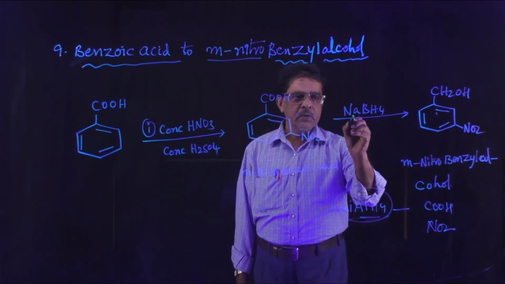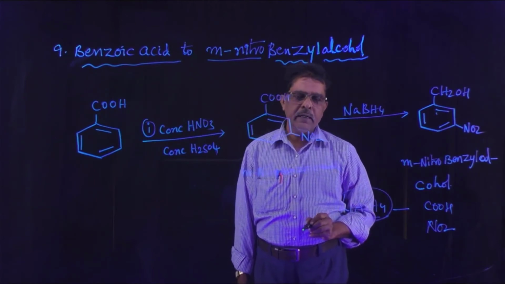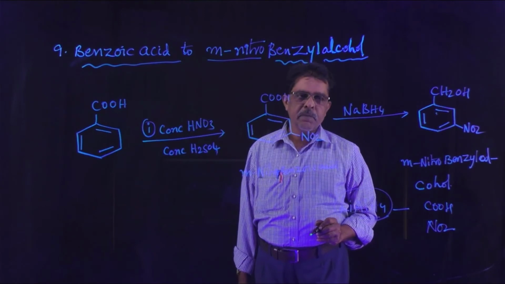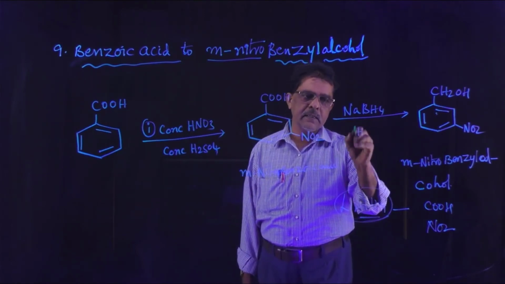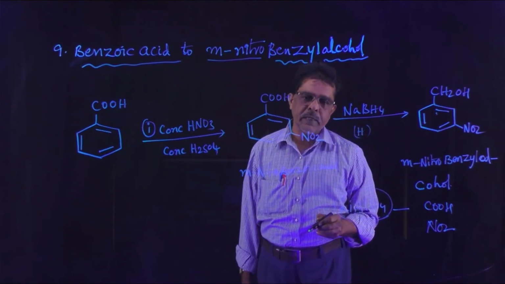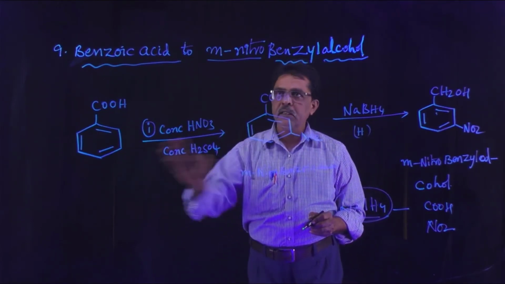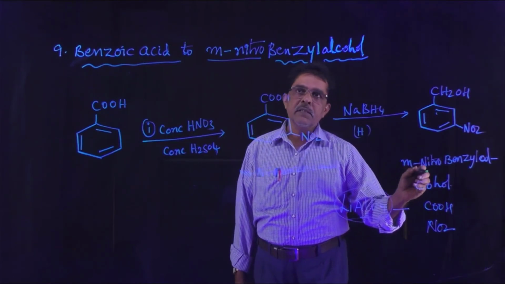We have to use only sodium borohydride. Partial reduction takes place with this reagent. Reduction means addition of hydrogens. Right, understand? This is the conversion of benzoic acid into M-nitrobenzyl alcohol.